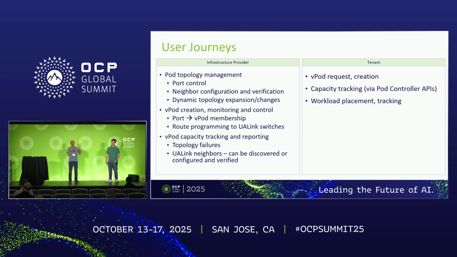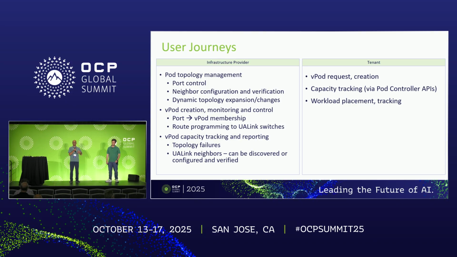Tenants may or may not be interested in this, but ideally for completeness, it's better that the pod controller exposes this. But again, the infrastructure provider is definitely interested in the vPod capacity tracking, so we know what's going on. How can we relate it to the physical?